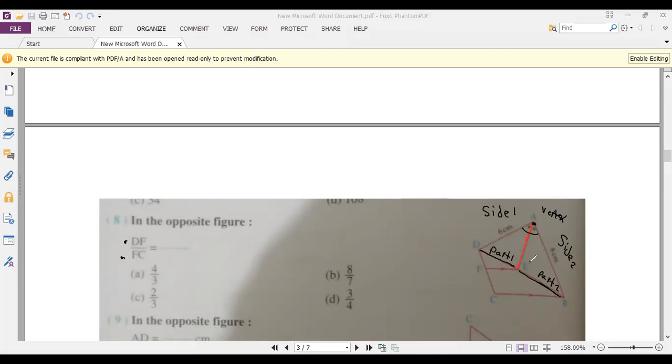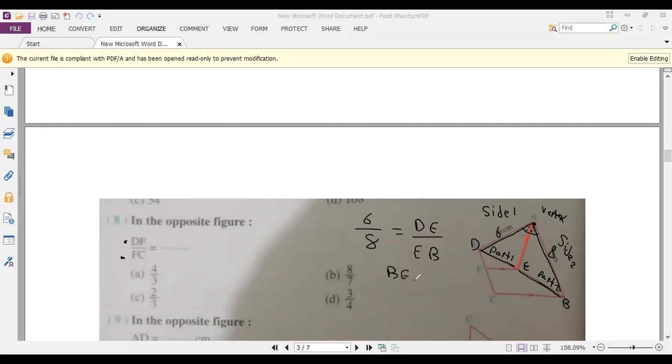We can find DE over EB from this triangle. This side is 6 and this side is 8. Because we have an angle bisector, 6 over 8, side 1 over side 2, is equal to part 1 over part 2, which is DE over EB.